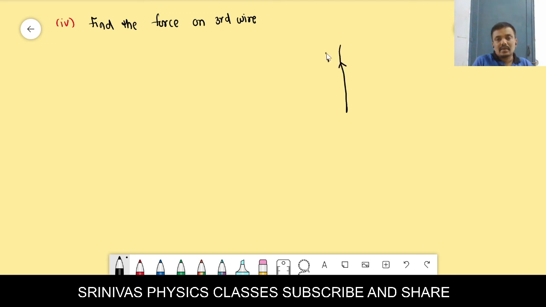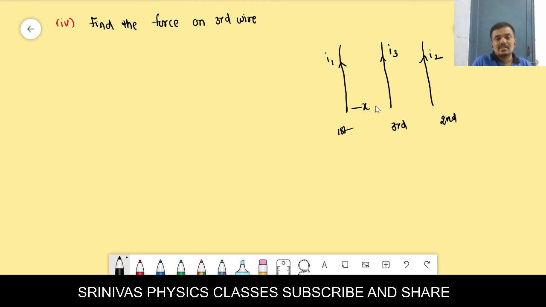First wire carrying I1 current, second wire carrying I2 current. In between these two wires there is another wire kept. This is the first, second and third wire, and it is also carrying current in the same direction, that is I3. Now I want the force on third wire.